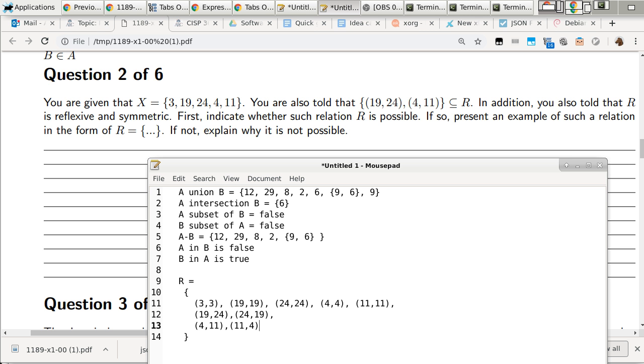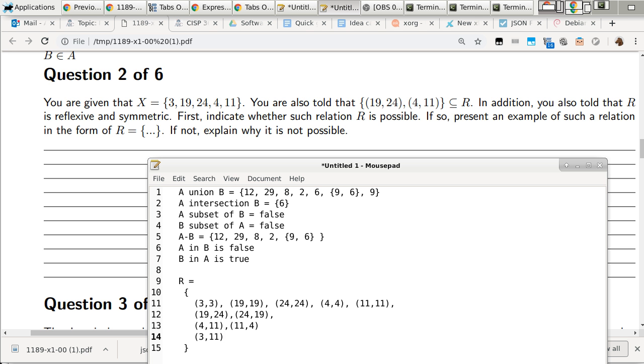Now, if you want to say, but I also want it so that between every single element there's also a relation, and they also have to be symmetric, by all means, add additional elements. But if in your process of adding additional elements, you forget something and you say, okay, I'm just gonna add, I don't know, 3, 11, and you lost track of what is already in here, and you forget that 11, 3 also has to be here, then your answer will be marked wrong.